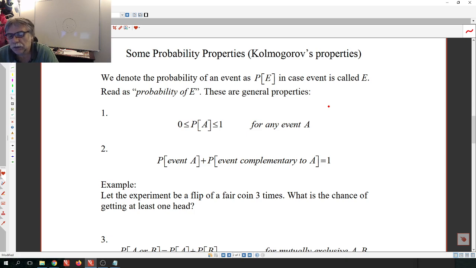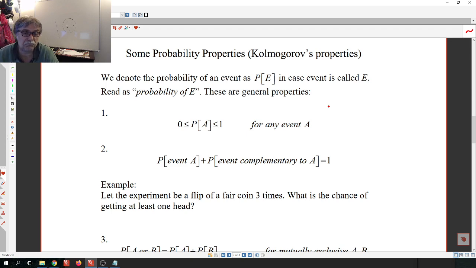So he wrote a book that he called Foundations of Probability, in which he basically laid the foundation for the modern treatment of how we consider what a probability is. And in that book, he specifically listed the properties probability must have to be called probability.